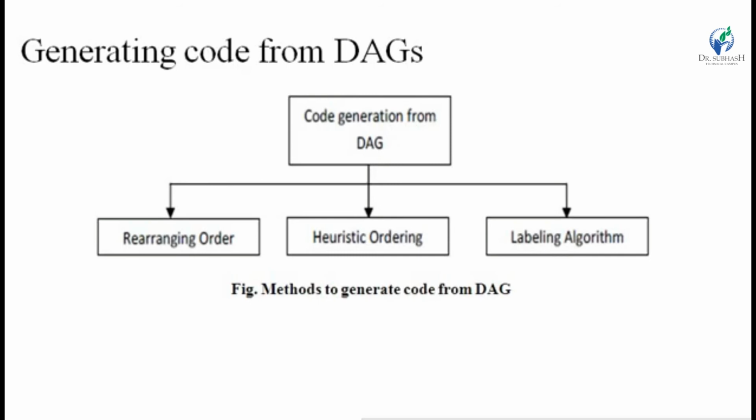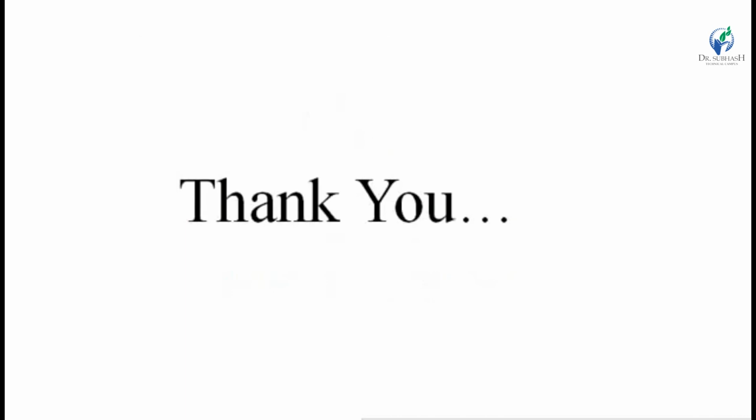Also the target machine and instruction code, basic blocks, next use information, register and address descriptors, register allocation and assignment, DAG representation of basic blocks and generating code from DAGs. Thank you.